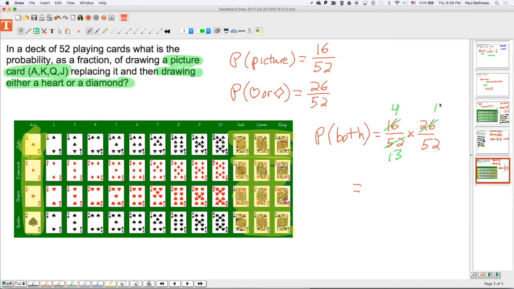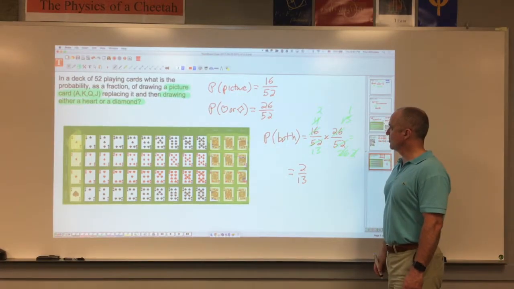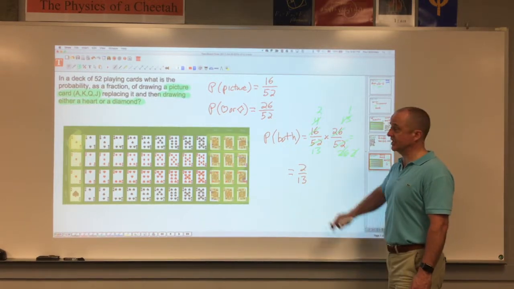If you divide 26 by 2 and 52 by 2, you get 13 over 26. Actually, you get all the way down to 1/2. The 2 can reduce with the 4 twice. So as a fraction, this should be 2 divided by 13. 16 over 52 should simplify to 2 over 13.